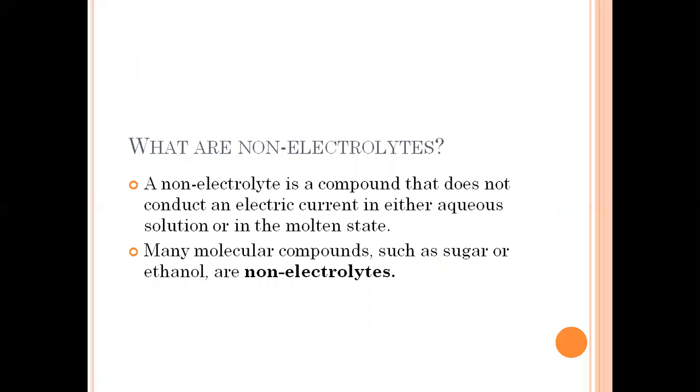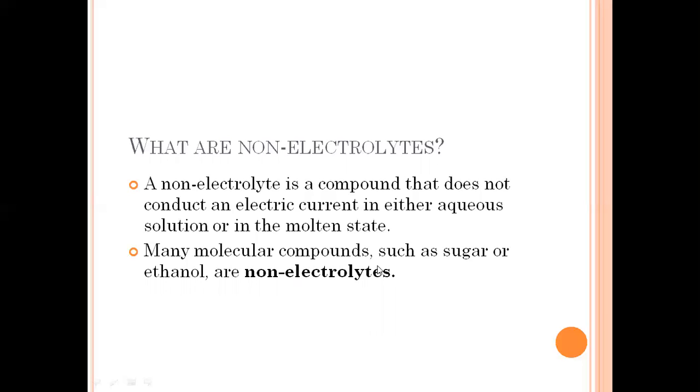The next term present in your book is what are electrolytes and what are non-electrolytes. A non-electrolyte is a compound that does not conduct electric current in either aqueous solution or in the molten state. It means non-electrolytes are compounds which don't have free ions or electrons.